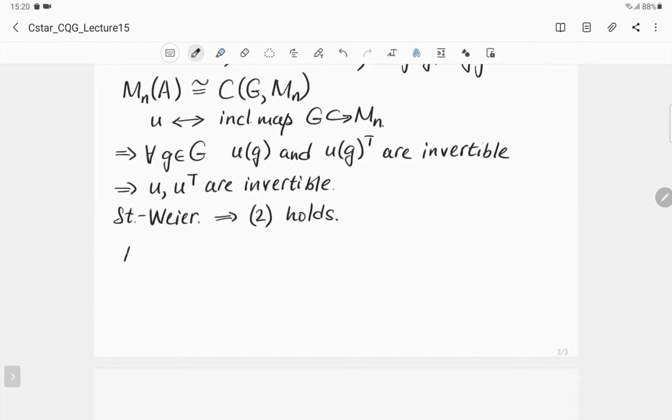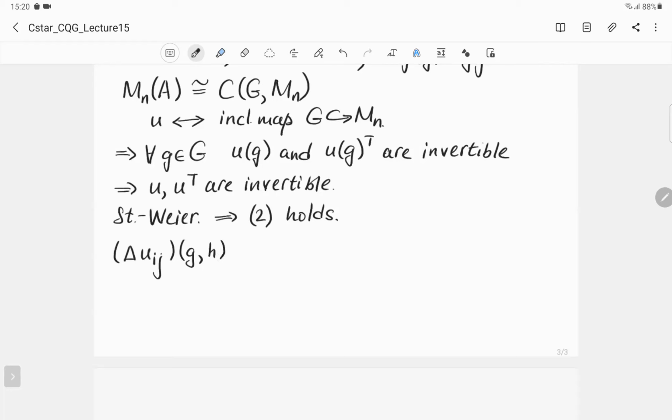So what is delta of Uij? This is a function. So we identify the tensor product of C of G by C of G with the algebra of continuous functions on the product G cross G. So this is a continuous function on the product.